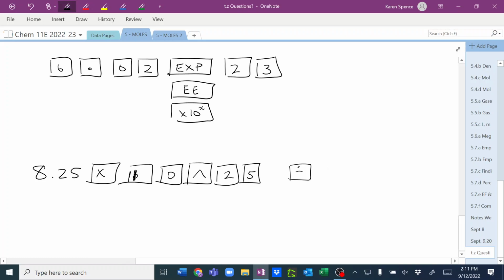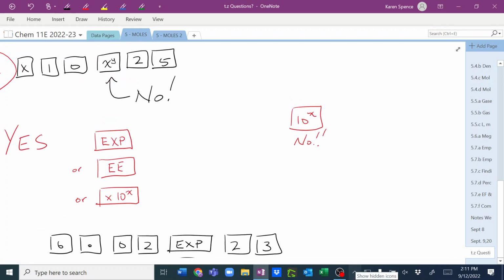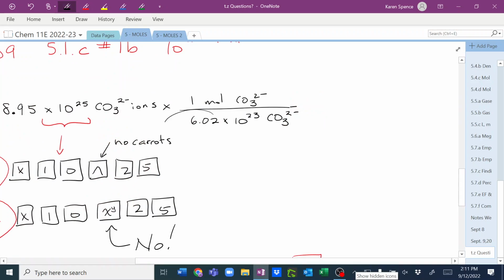You want to divide by both the 6.02 and you are also dividing by the 10 to the 23. Yes? Both of those are in the denominator.